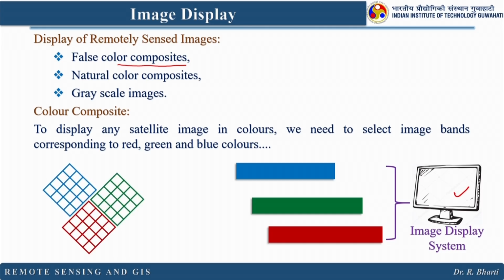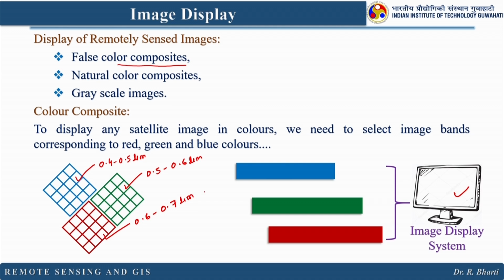Let us assume you have a display system and only three bands captured in different wavelengths: a blue wavelength band, a green wavelength band and a red wavelength band. To make it clearer, blue is the wavelength of 0.4 to 0.5 micrometer, green is 0.5 to 0.6 micrometer, and red is 0.6 to 0.7 micrometer, right?